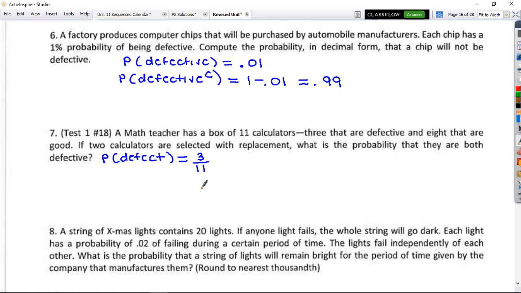So what you're going to do is just multiply this twice. Easy. So I would do the 3 out of 11 times calculator number 2, 3 out of 11. So this would be 9 over 121. Let's get a decimal. 9 over 121 is equal to like 0.074. Okay, so pretty small.